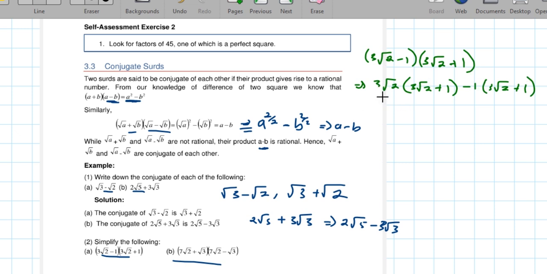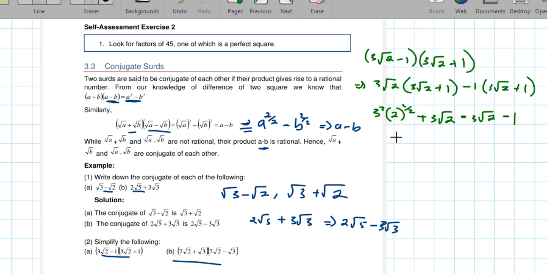So we have this multiplying this, which is 3 squared, then root 2 to the power of 2 over 2. Then plus 3 root 2, this multiplying this, then minus 3 root 2, minus 1.